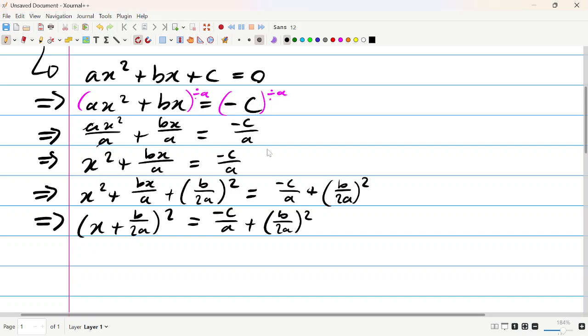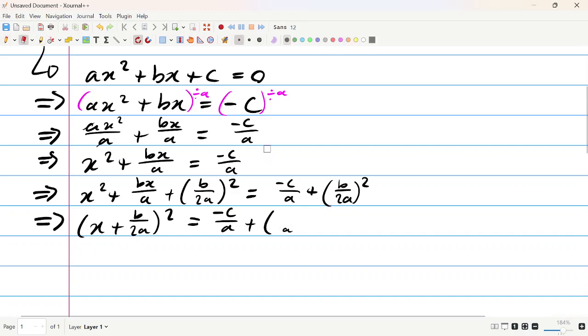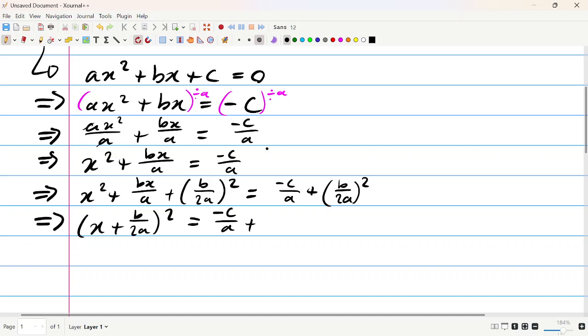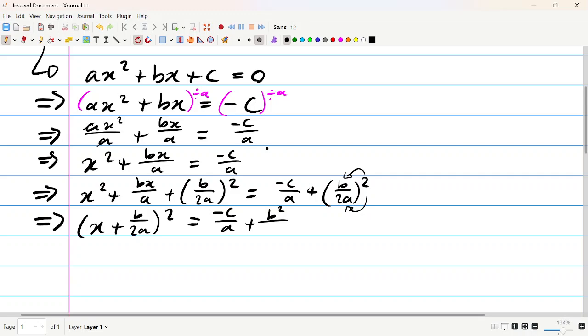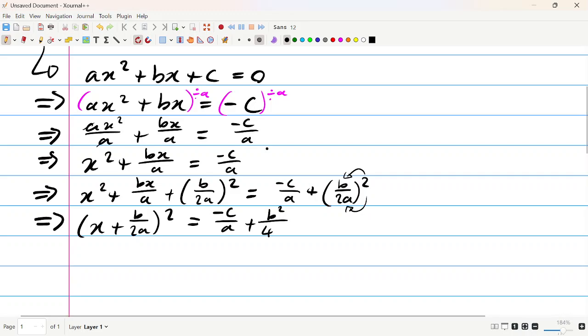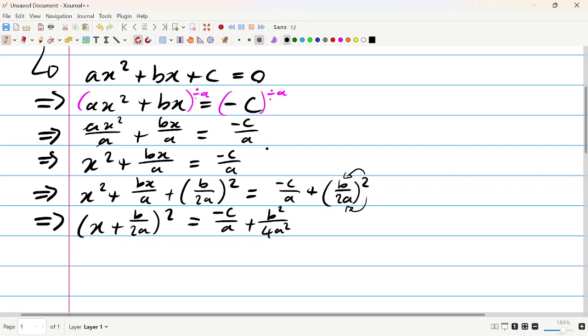But one thing that I actually want to do here is use exponent laws, where the square can go into the numerator and the denominator. And what we're going to have? We're going to have b squared over 2a squared all together, which is just going to be 4a squared. Okay, so hopefully that makes everything better.